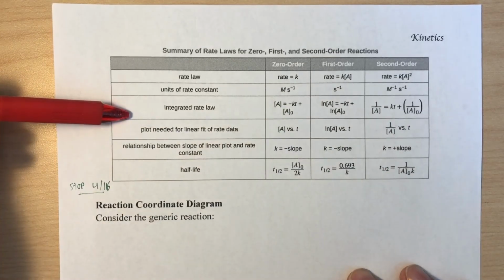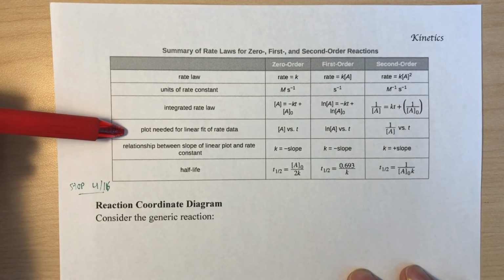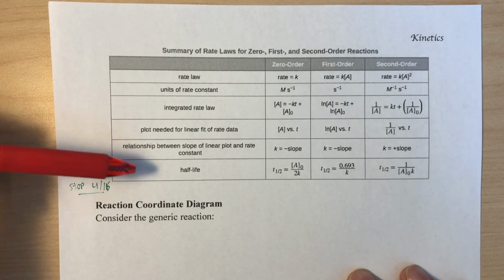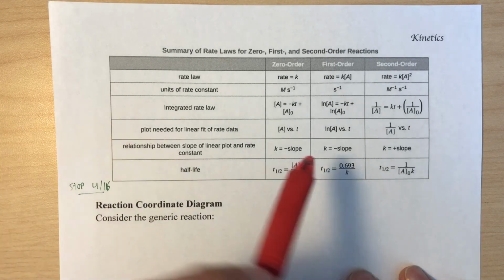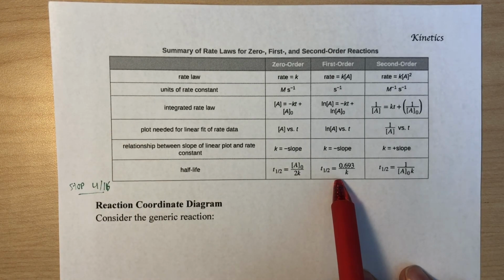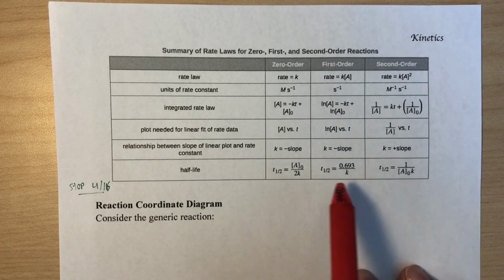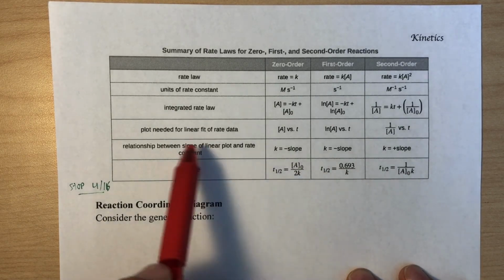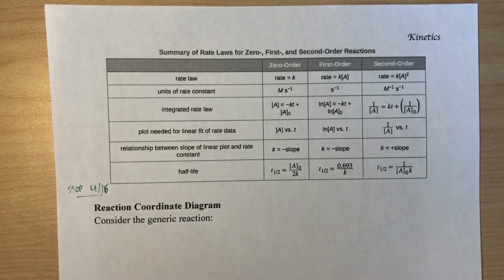In this row, you can see integrated rate laws, the plot needed for a linear best fit line, the relationship between the linear line and the constant, and finally half-life equations. We derived the t1/2 for first order, but we're going to have the 0 and second order half-life equations provided for you. So this table you will always have provided for you.